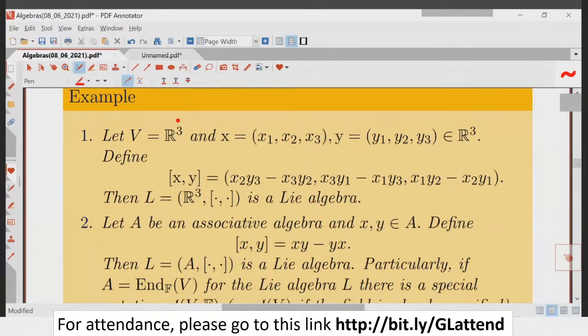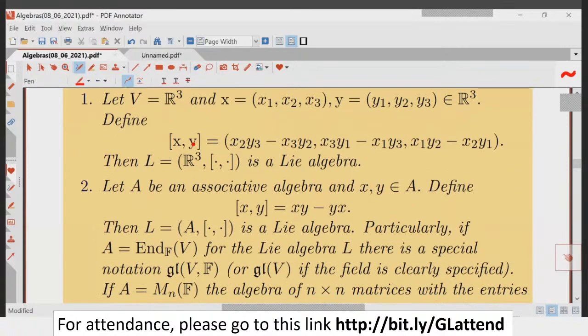Take the 3-dimensional real space, and 2 vectors. You can define the product of these 2 vectors as given here. In fact, this product is the cross product of these two vectors. You know the cross product, right?